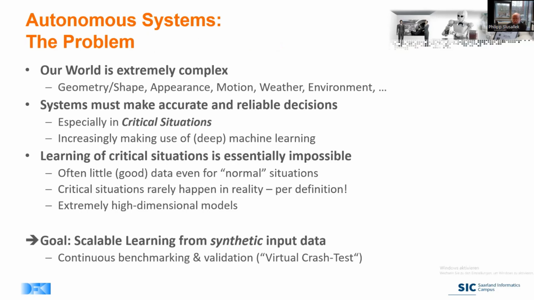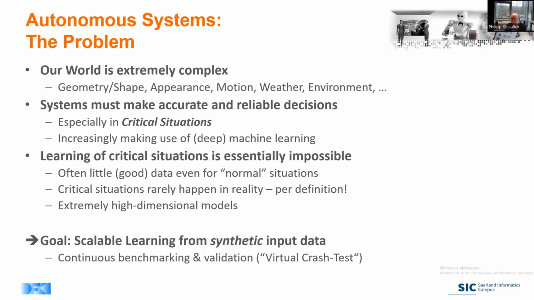So what's the problem behind all that? The problem is that our world is extremely complex in terms of the shape of objects, the appearance, the texture, the color, the motion of objects, weather phenomena. Wet streets look very different than dry streets.